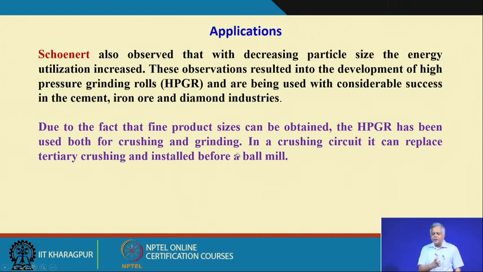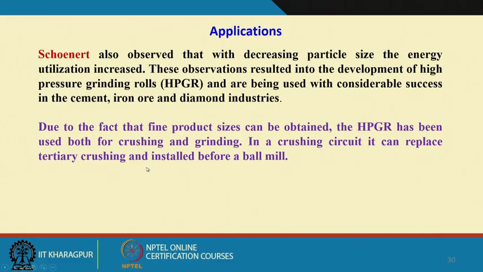That means, in a single stage you can do both jobs, coarser size breakage and finer size breakage, because you can squeeze it further until it breaks down to finer sizes than you desire. So, it is in your hand and you can control how much pressure you will be inducing depending upon the ore characteristics.